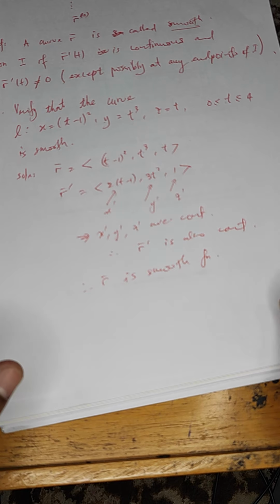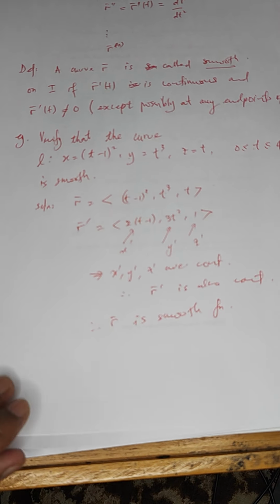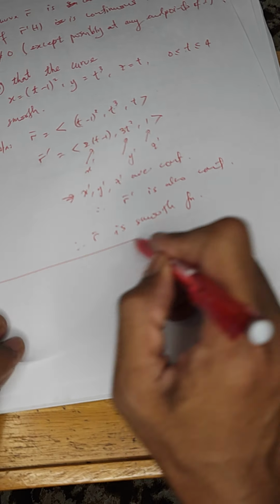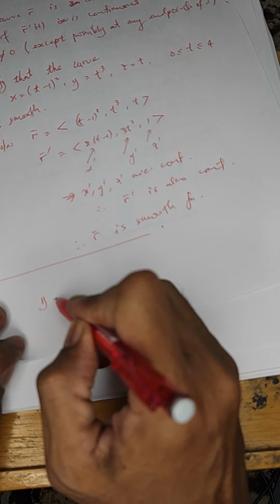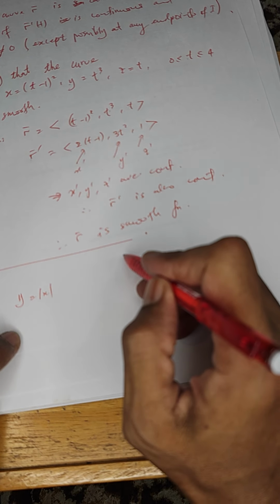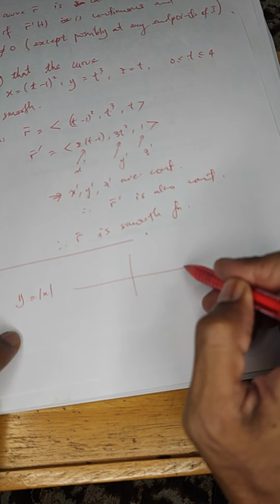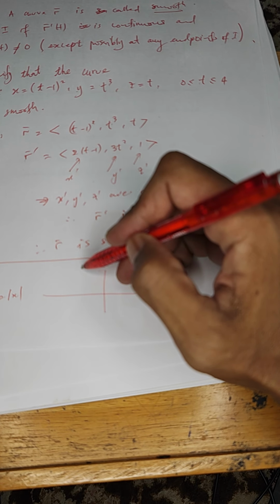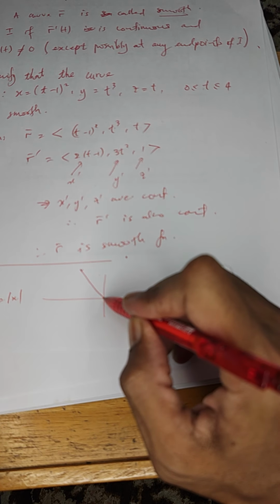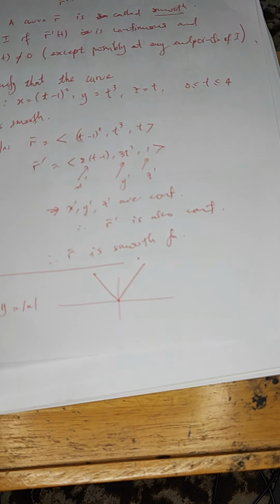The question is, are all functions smooth? Of course not. If you remember, when we consider real valued functions, you have the modulus function, for example. If you consider the modulus function, y equal to |x|, and plot the graph of that function, you have this kind of shape.